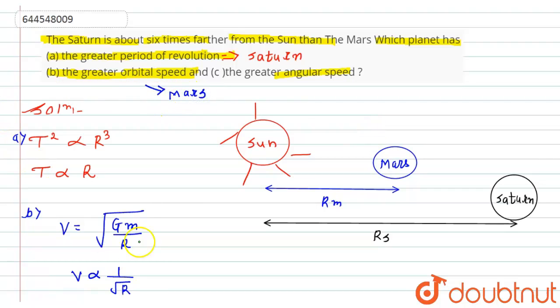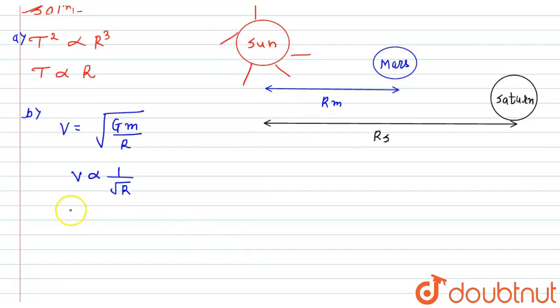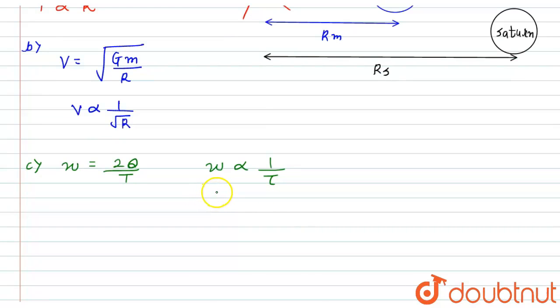Now for the third one, we have to find the greater angular speed. To find it, we will simply use the formula that angular velocity for the satellite is given by omega equals 2 pi divided by T. So from here angular velocity omega is inversely proportional to the time period T. For greater angular speed, the time period of revolution should be less.